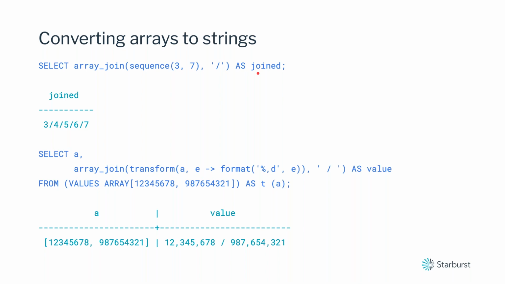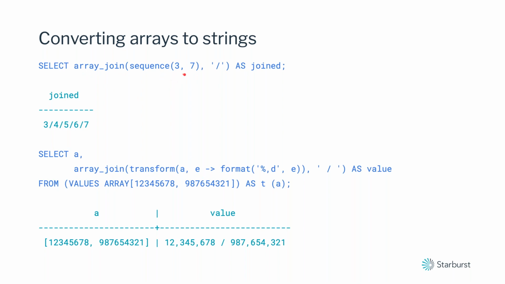Another thing you'll often want to do is convert an array into a string. Our first example uses the sequence function. The sequence function generates an array of numbers. So we'll get an array of 3, 4, 5, 6, 7, and then we pass it to array join.